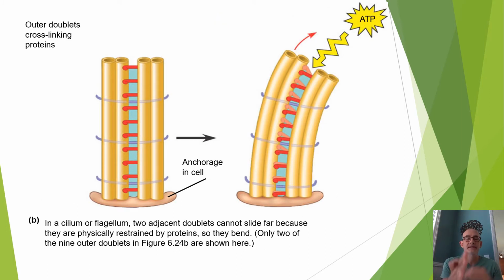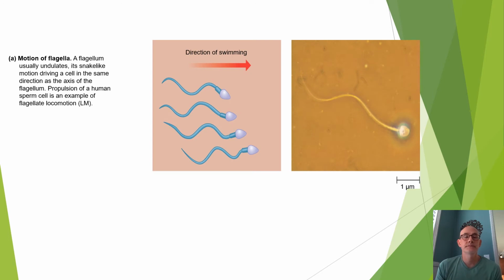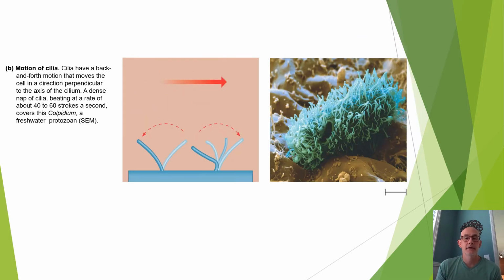But what happens is it just kind of goes back and forth, and that's what causes it to move. Sperm, important, reproduction, babies, etc. And so here's a kind of a cool picture of a paramecium and all the cilia on its surface.